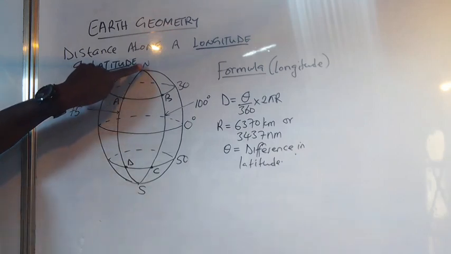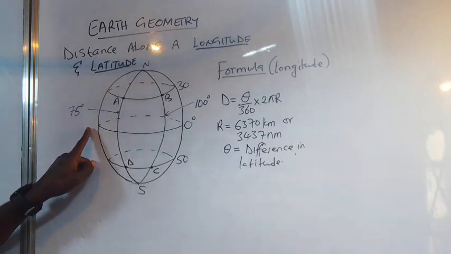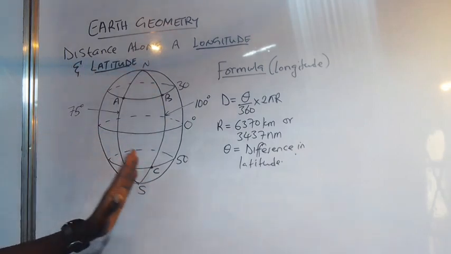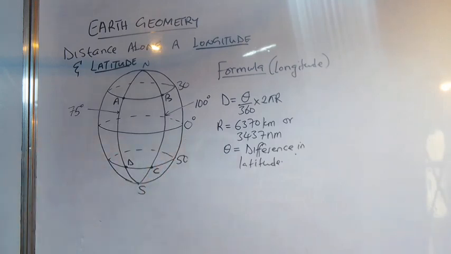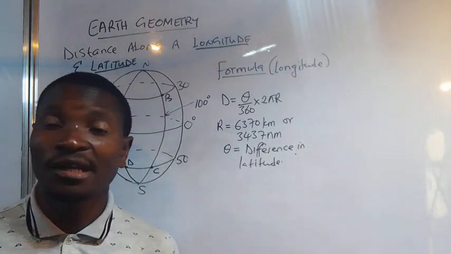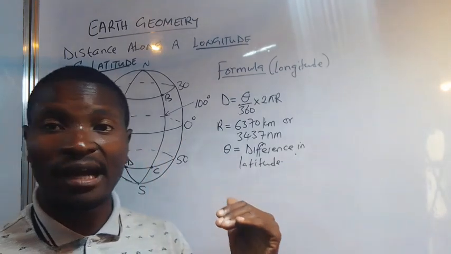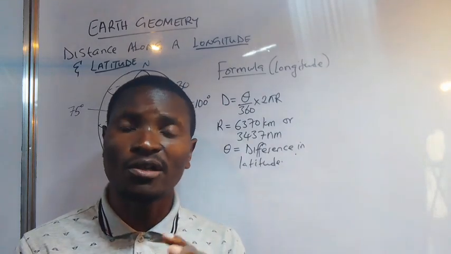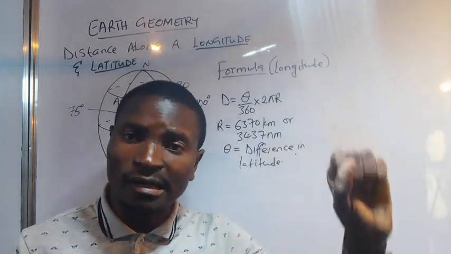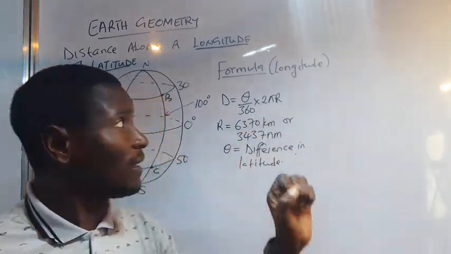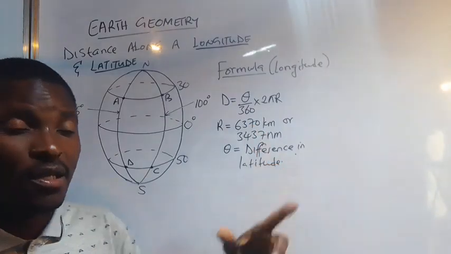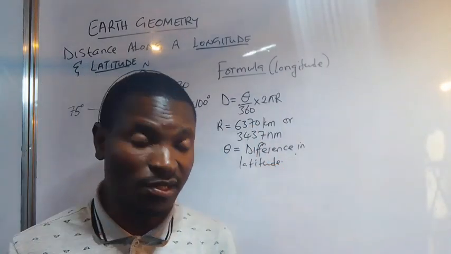So this is a longitude from north to south, and this is a latitude from west to east, or rather east to west. So what is the formula that you use in order to find the distance of 2 points that are located in the same longitude? And this is the formula. Okay, so we have to understand how this formula works out.